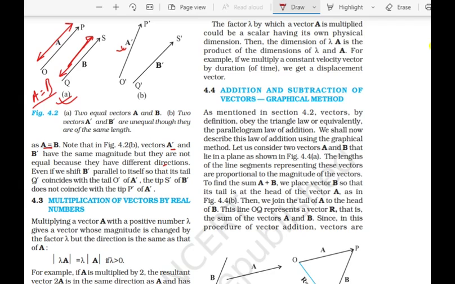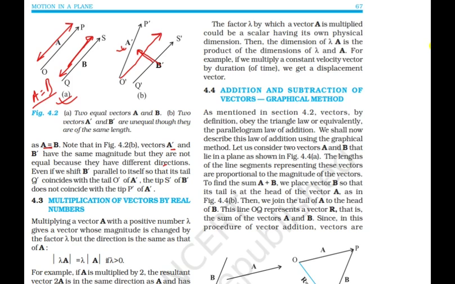So even if I shift B dash parallel to itself towards A dash, so that its tail Q dash coincides with the tail O dash, they will not coincide at the ending point. That means O dash and Q dash coincide, but P dash and the tip of B dash do not coincide.